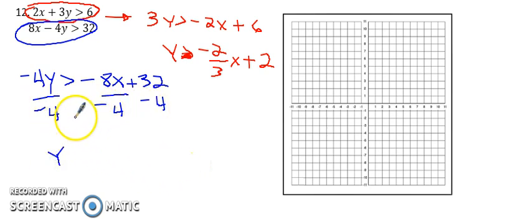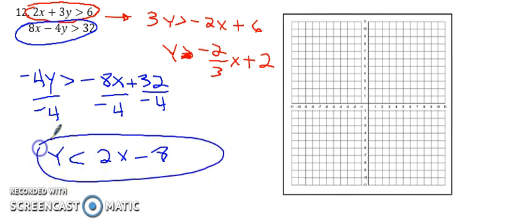And remember that when we divide by a negative on either side of an inequality, we have to flip the sign. And so we have a minus 8 over 4, which is a positive 2. And then 32 over negative 4 is a minus 8. So we have two inequalities that we have to graph.